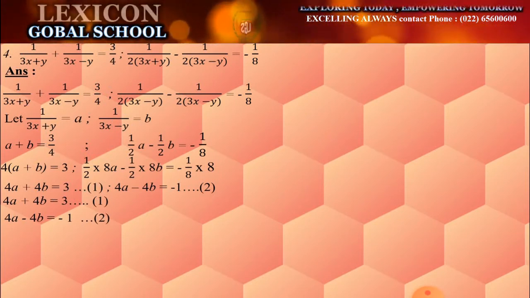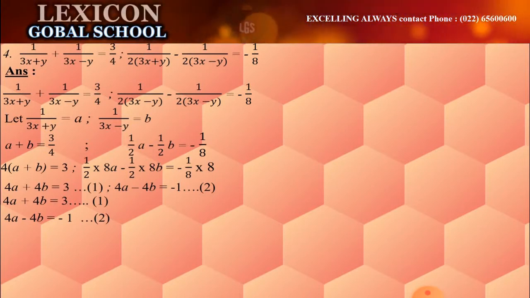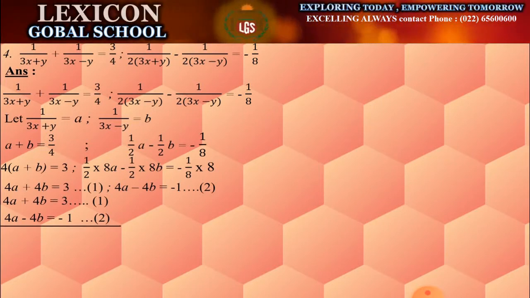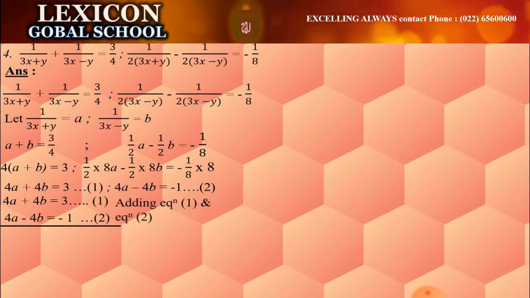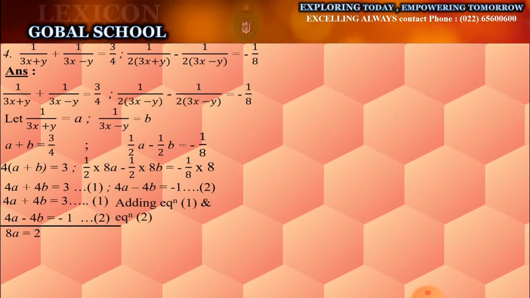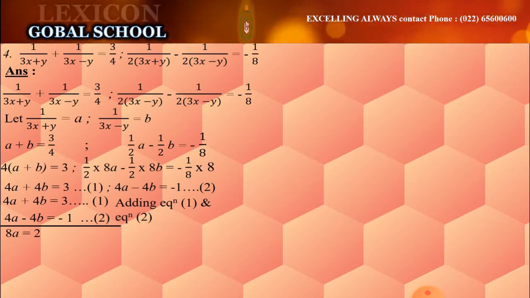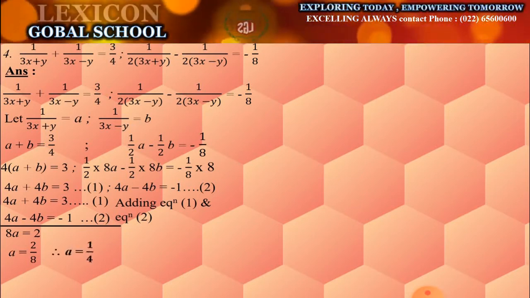Since the coefficients of variable b are same and the signs are also opposite, we can straight away carry on the operation of addition. So, adding equation 1 and equation 2, we get 4 + 4, 8a is equal to 3 − 1, 2. a = 2/8, a = 1/4.